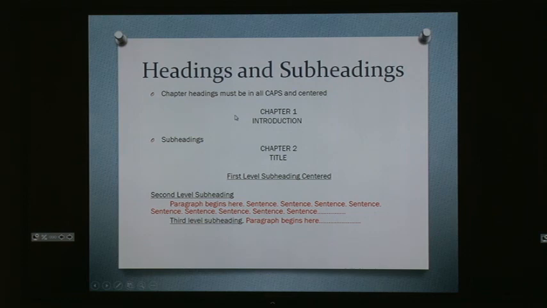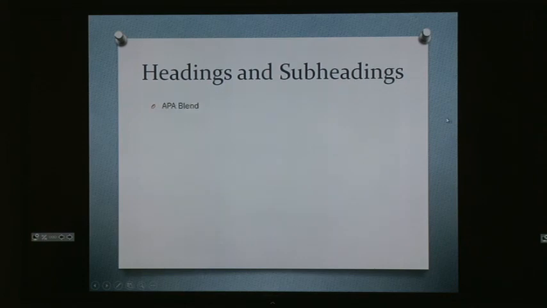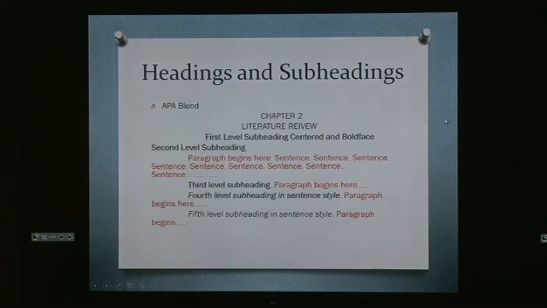Okay? If you are using APA, we only offer 3 levels here. APA users have their own way of doing headings and subheadings, because they offer how to handle these if you've got more than 3. They have up to 5. So you can do that. We just ask that you blend this a little bit and continue to have the chapter heading in caps in the center, and then start APA formatting below that.